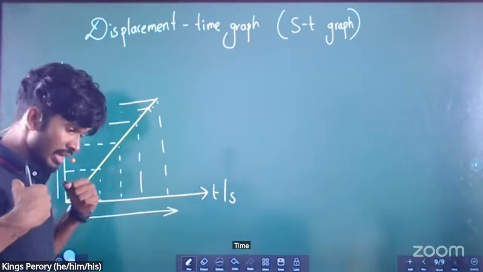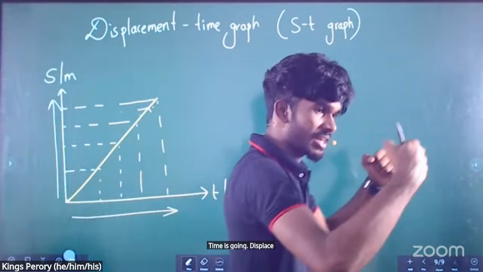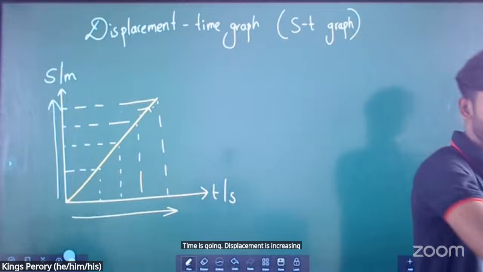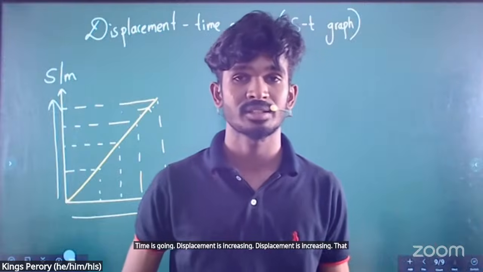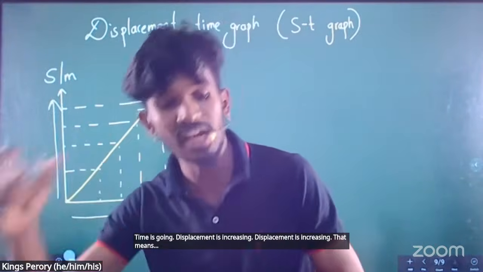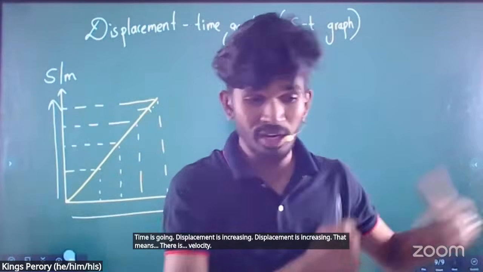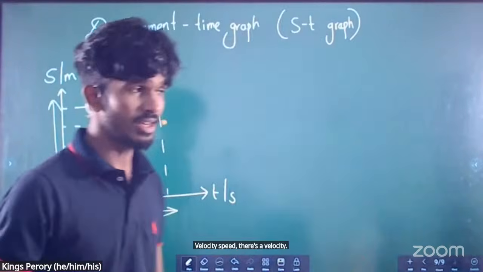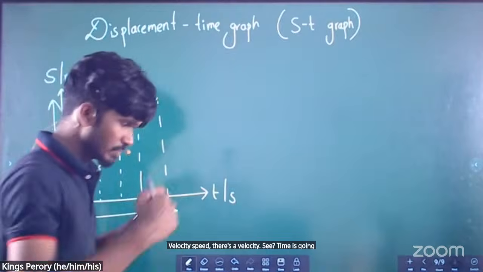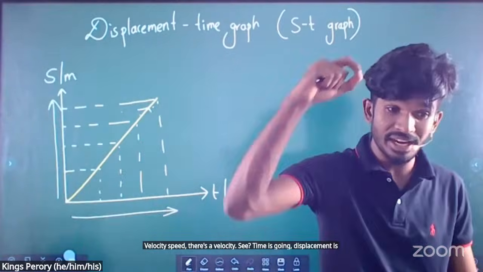Time is going, displacement is increasing. Displacement is increasing, that means there is a velocity. Velocity is speed, no? Time is going, displacement is increasing, means there is a velocity.